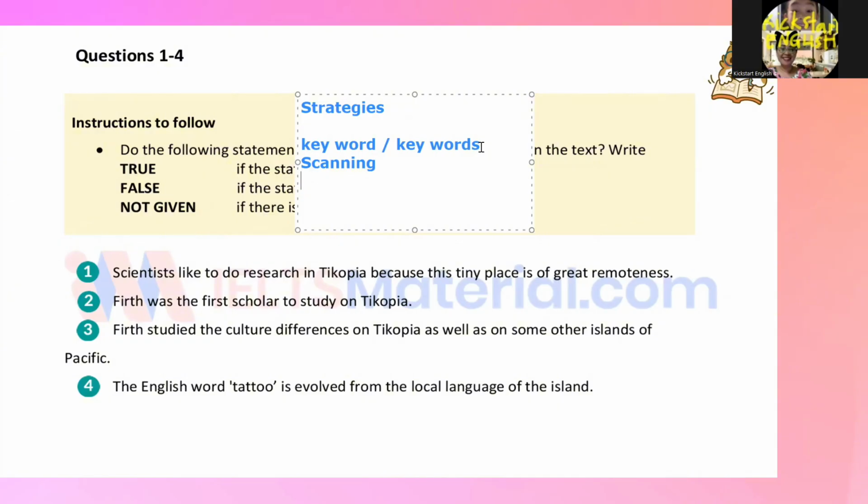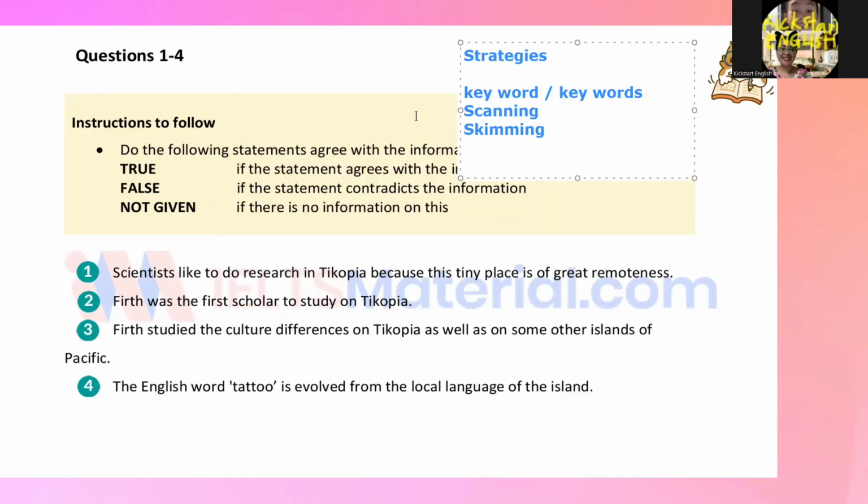Scanning is like a very quick reading of the paragraph, where you scan for some keywords or words. The next is skimming. Skimming is reading some thoughts from the paragraph also, so you just quickly read the sentences in the paragraphs. These strategies are so important in IELTS reading, even in academic or general.